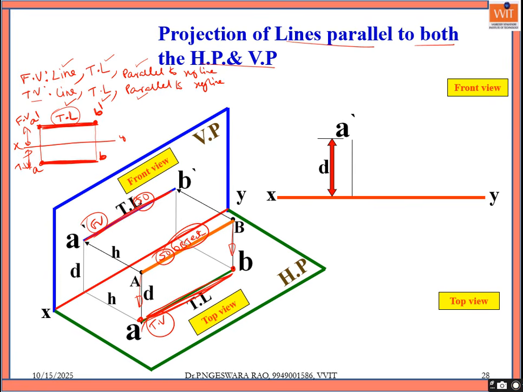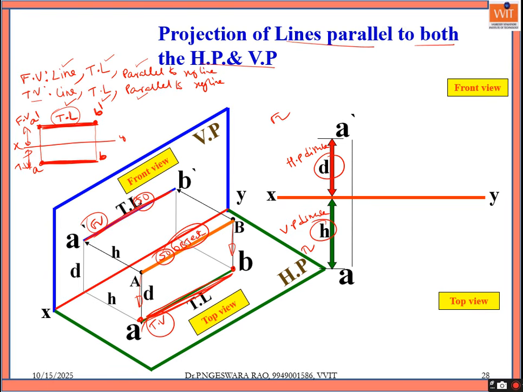It is A dash and small a below the XY line. In the question, it will give you the HP distance. The HP distance you always have to mark in the front view, whereas the VP distance we have to mark in the top view. This is the front view and this is the top view. In the front view we have to mark the HP distance, and in the top view we have to mark the VP distance.